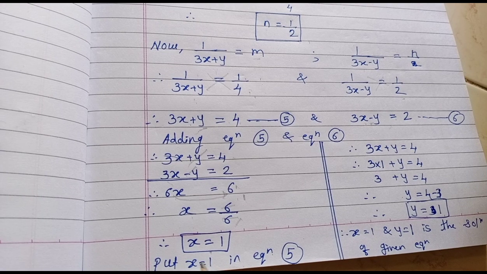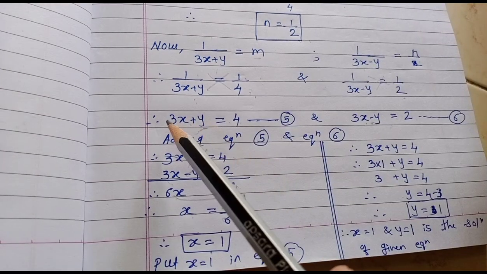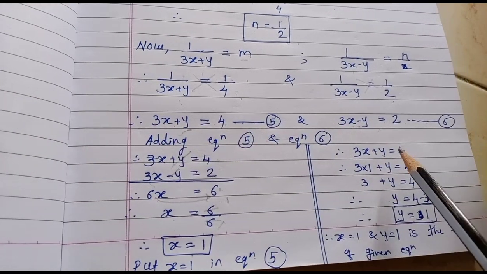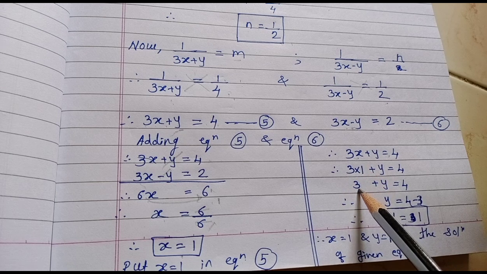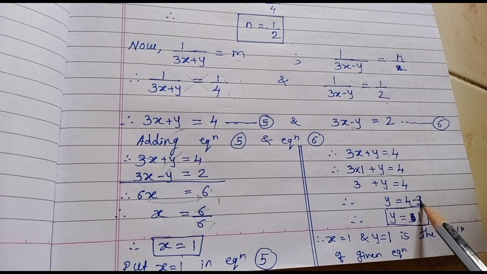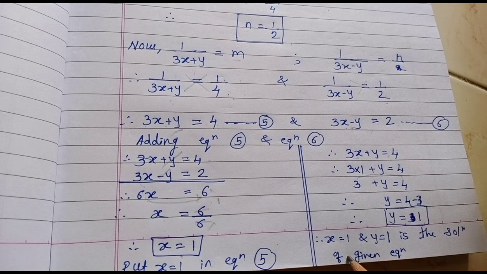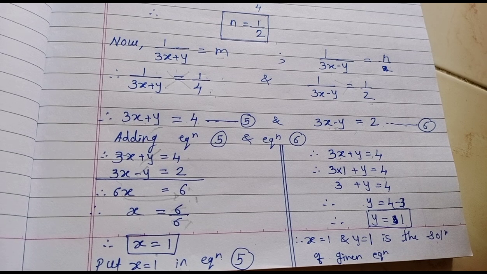Put x is equal to 1 in the 5th equation, 3x plus y is equal to 4. Instead of x write 1, 3 1s are 3, plus y is equal to 4. Plus 3 becomes minus, 4 minus 3 is 1. Therefore x is equal to 1 and y is equal to 1 is the solution of the given equations.